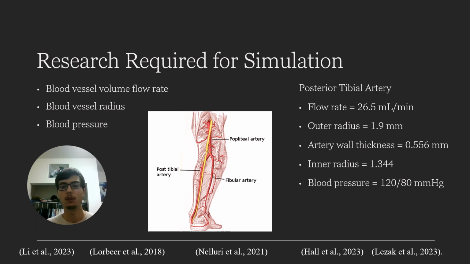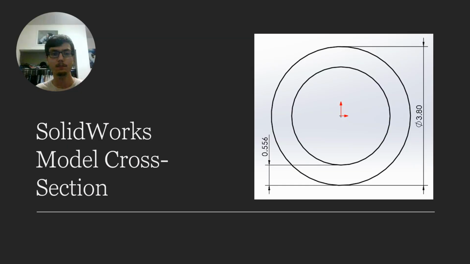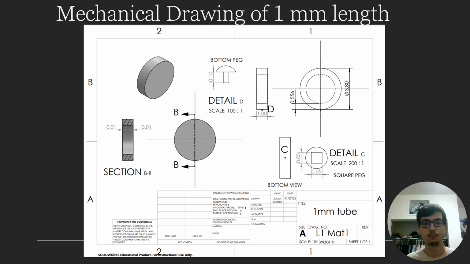So for the flow simulations, we did use the higher pressure of 120 because that is when the blood is actually moving. Now, the SolidWorks model of the cross-section can be seen here. That is the full 3.8 millimeter diameter, or 1.9 radius, and that wall thickness of 0.556. And for the flow simulations, it'll be the tube in the middle that the blood is flowing through.